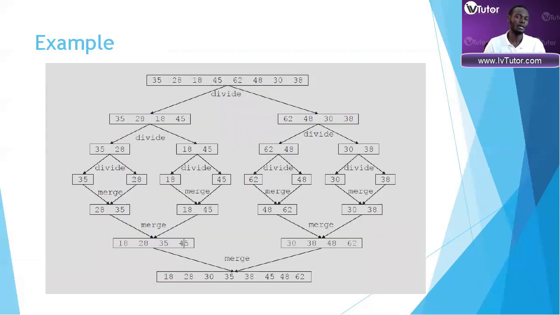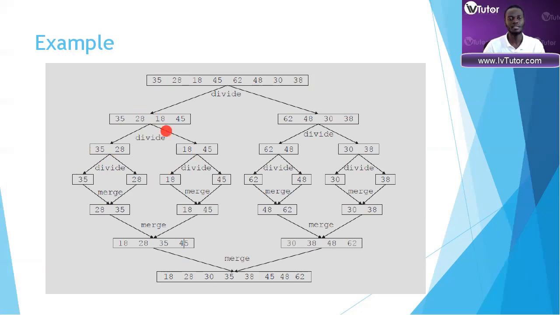In most exam questions, they just want you to draw a tree to illustrate how the merge sort algorithm works, which is very easy. If you have a list, you divide, so these numbers go here, these ones go there, and then you apply merge sort to each side, which means you divide again.